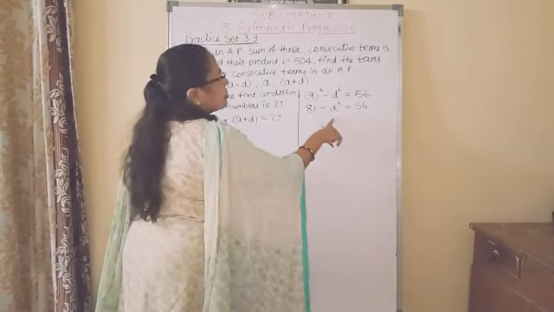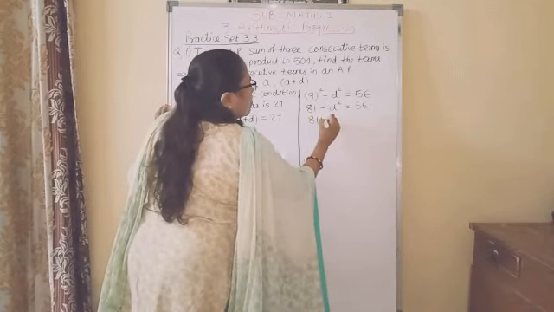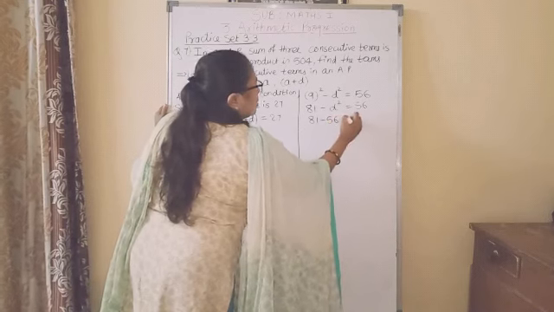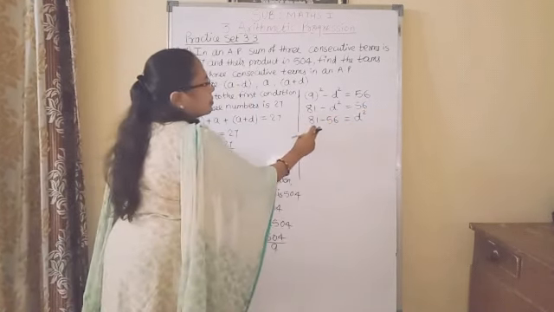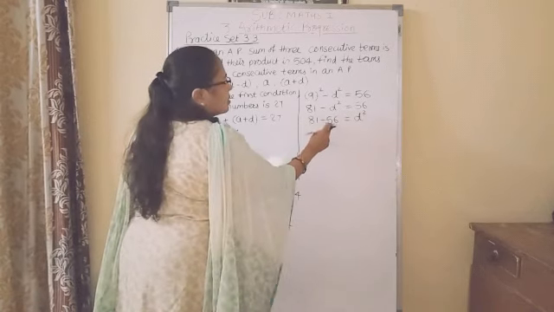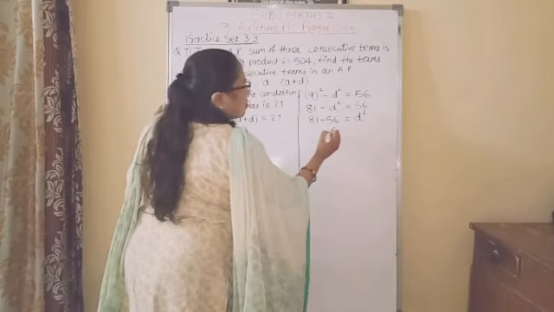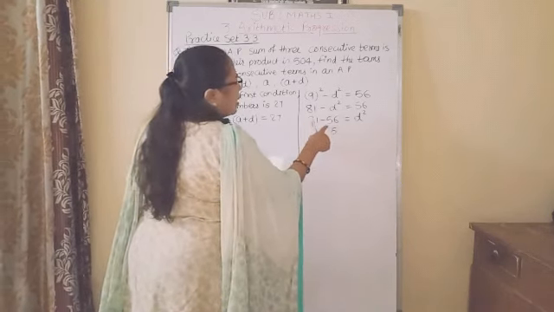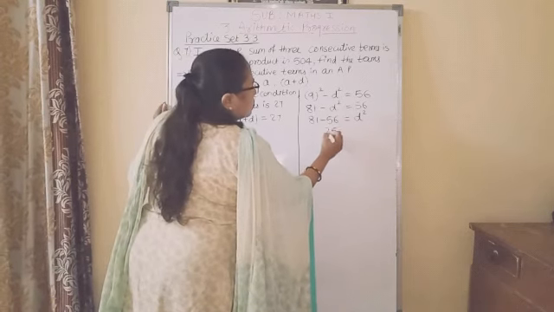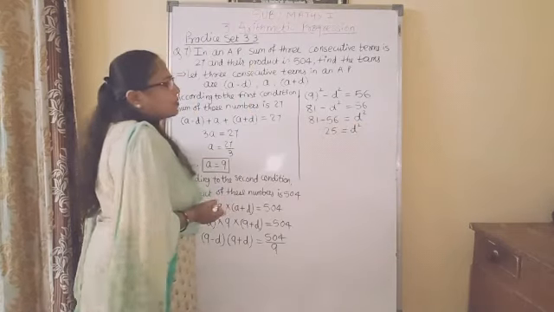Now we will take this D square on this side and 56 on this side. 81 minus 56 is equal to D square. Now subtract this, 81 minus 56. 11 minus 6, 5. And 7 minus 5, 2. Equal to D square.